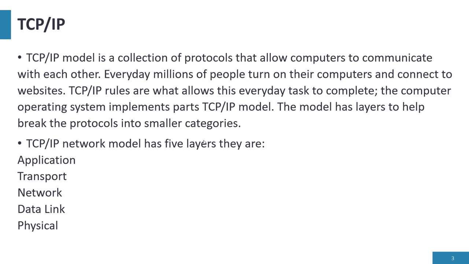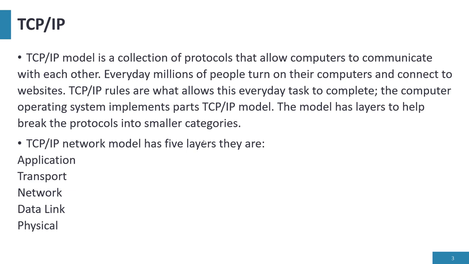The computer operating system implements parts of the TCP/IP model when you log onto the internet and search websites. The model has layers to help break the protocols into smaller categories, which makes it easier to troubleshoot and understand what is the function that is going on within the TCP/IP model.